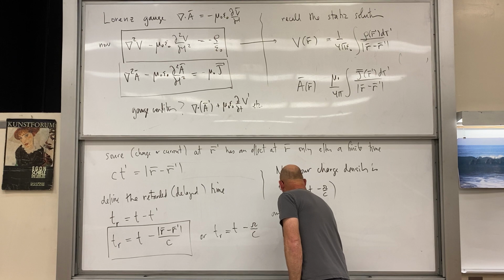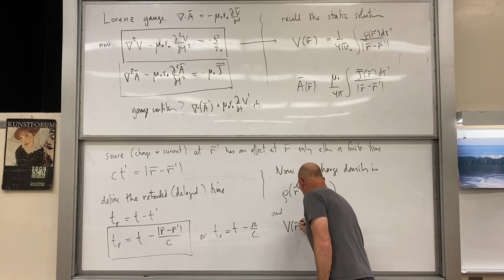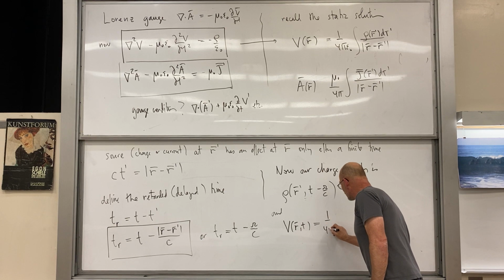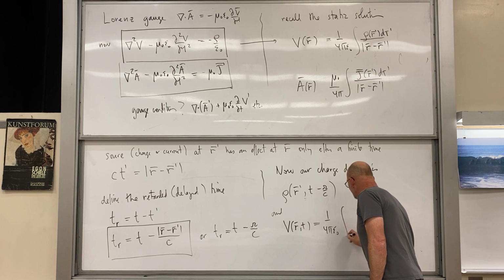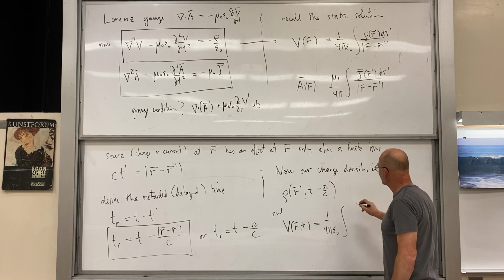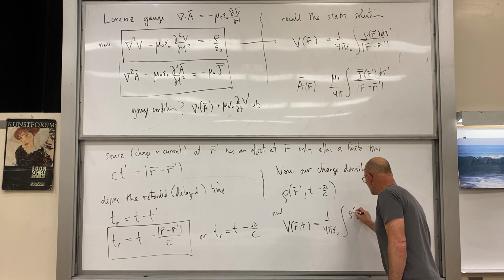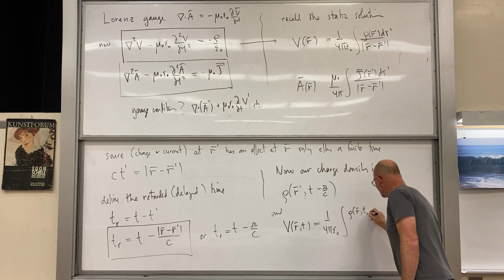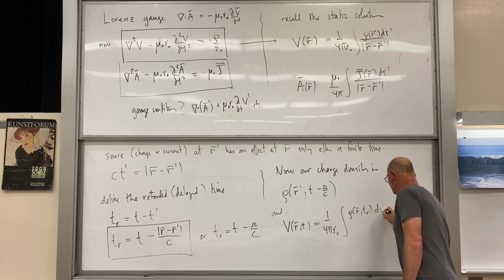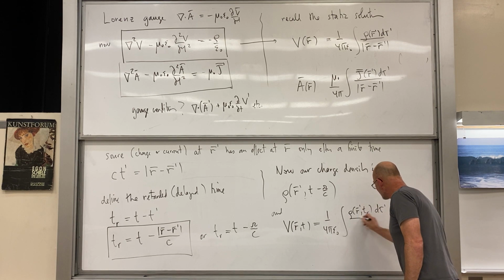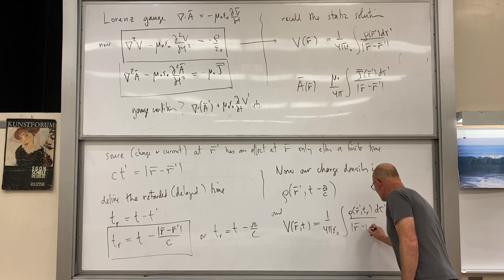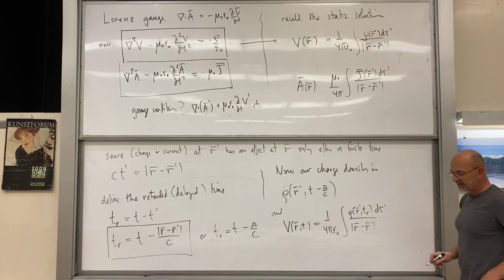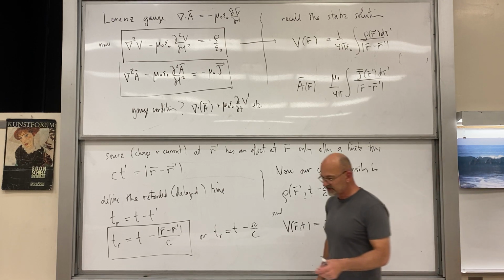V of r and t is equal to 1/4 pi epsilon naught integral. Now we have to have this rho of r and t_r d tau prime over the magnitude of r minus r prime. This is it. This deserves a red box.